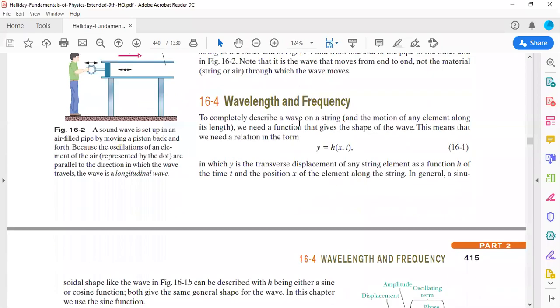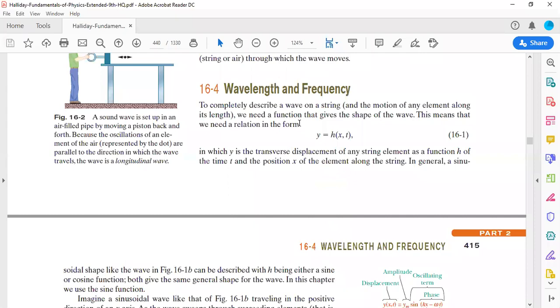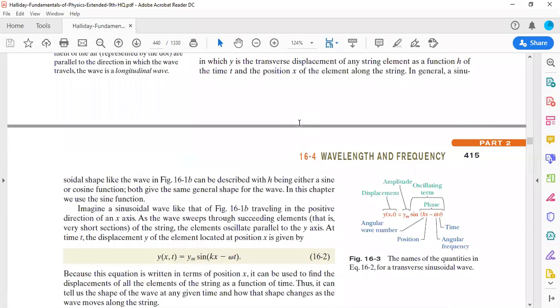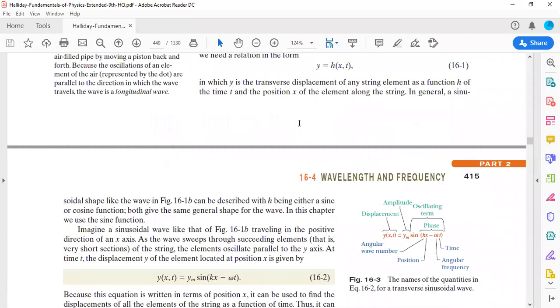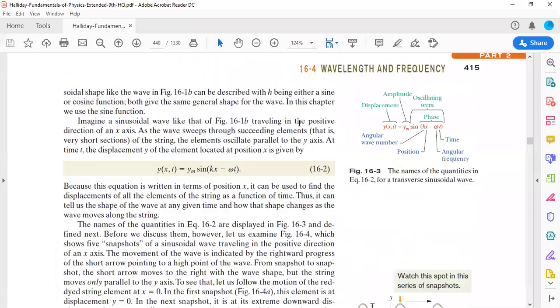So what is wavelength? What is frequency? These are basic definitions. But here we have to analyze this equation: y(x,t) = ym sin(kx − ωt). I will discuss this equation in detail next time.